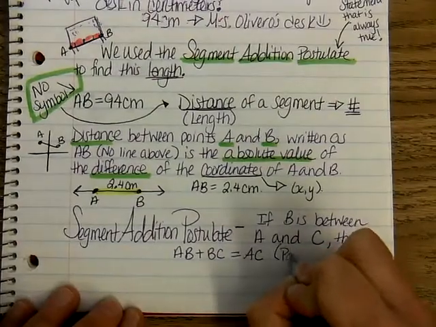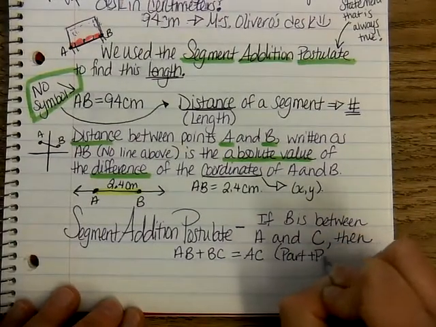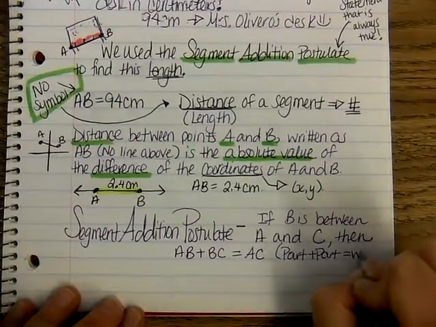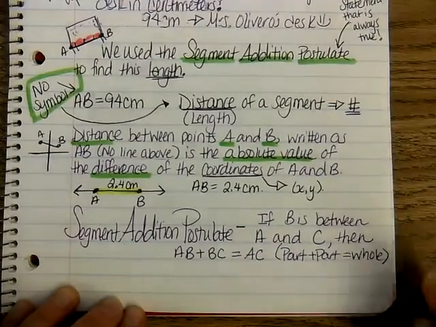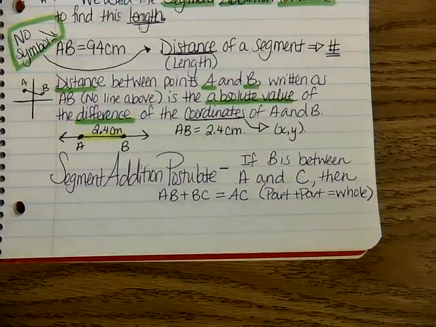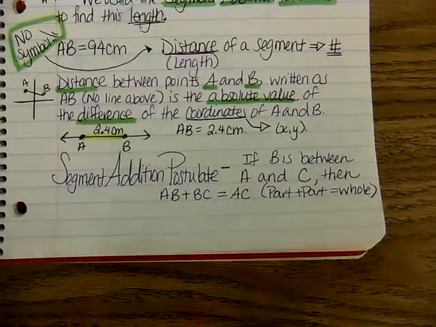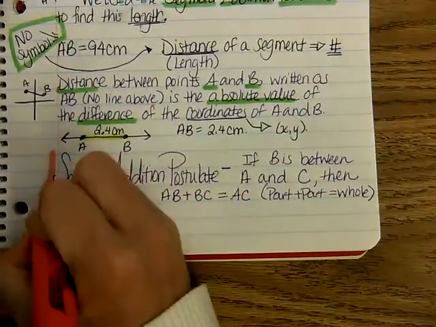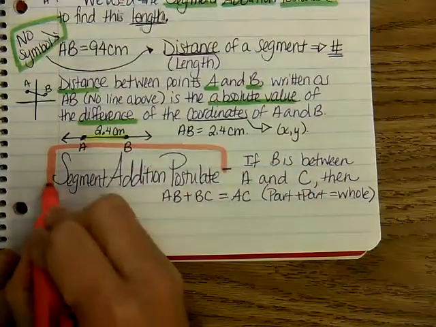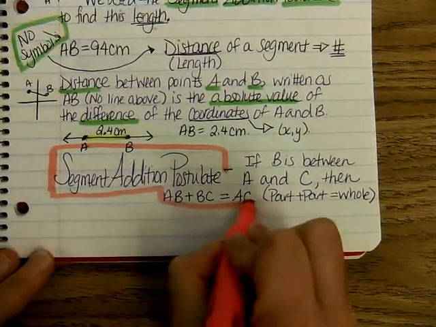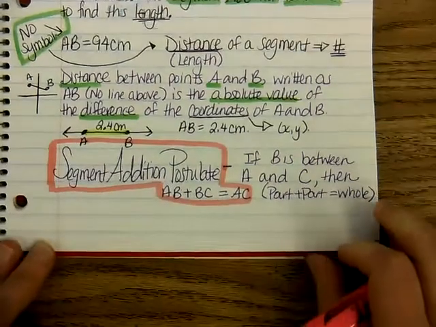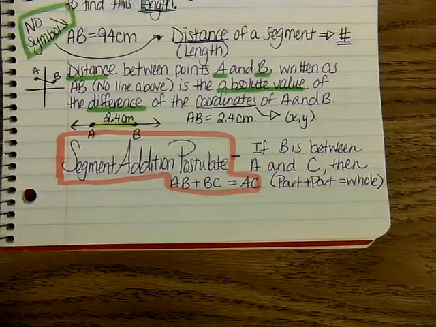We call that part plus part equals whole. Part plus part equals whole. So what does that look like? Let's go ahead and dive into what this postulate is saying. The part that I'm going to emphasize is AB plus BC equals AC.